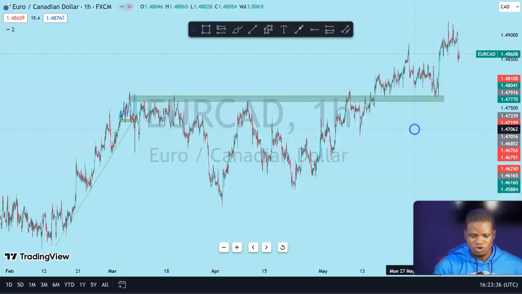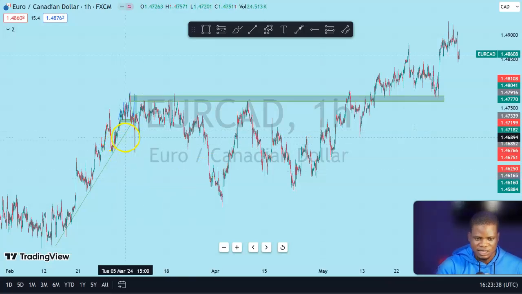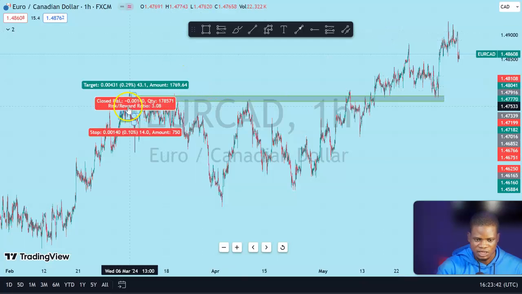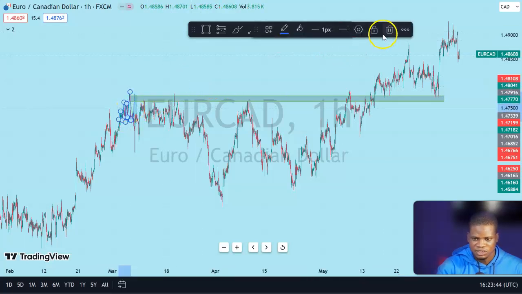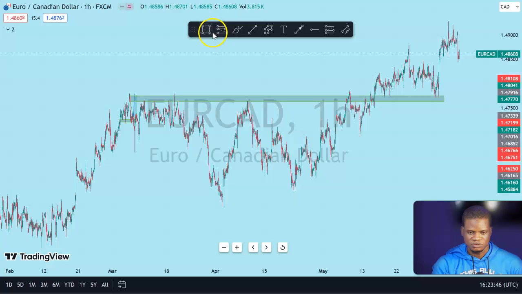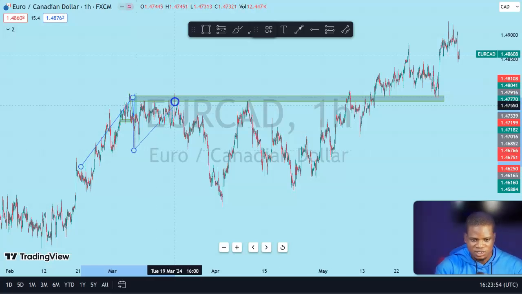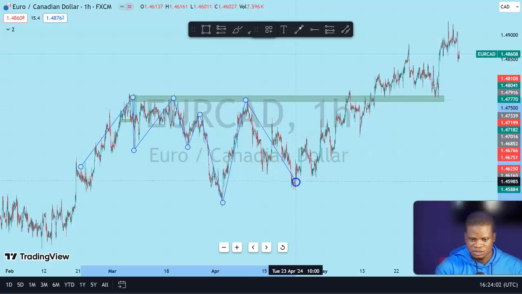Why do we call it a resistance? We call it a resistance because anytime the market comes to this area, it always creates a bounce. This is what I'm trying to say. The market came here, got rejected and came down. Came here again, got rejected, came up a little bit, came down, tried to break it and got rejected.